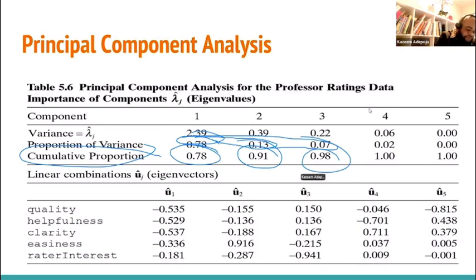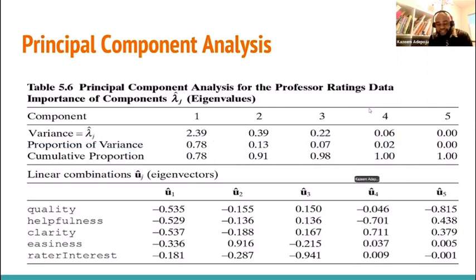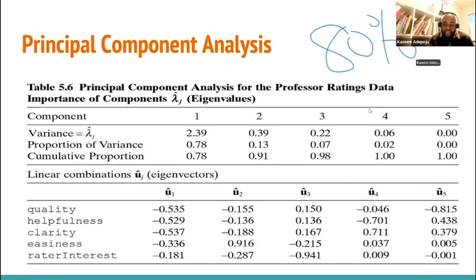Four principal components account for 100%, but we have a threshold in statistics. The threshold is at least 80%. When the cumulative is at least 80%, we are fine. So we're only going to settle for the first and the second principal component, because cumulatively the two of them explain 91%. And don't forget, the threshold is 80%.